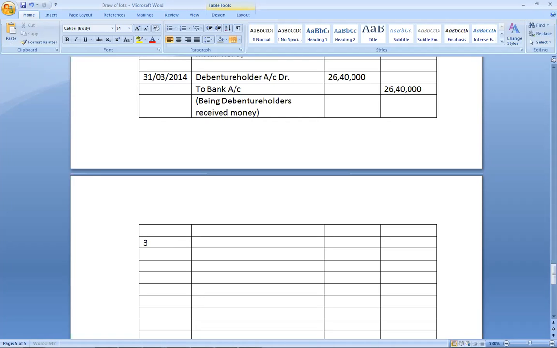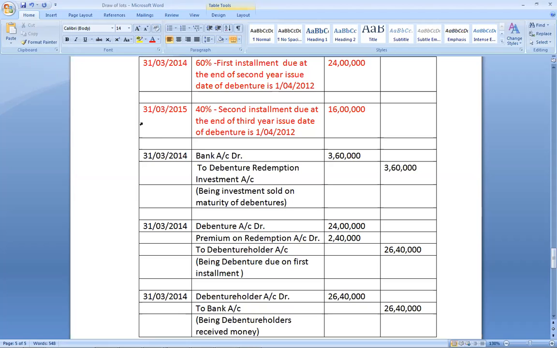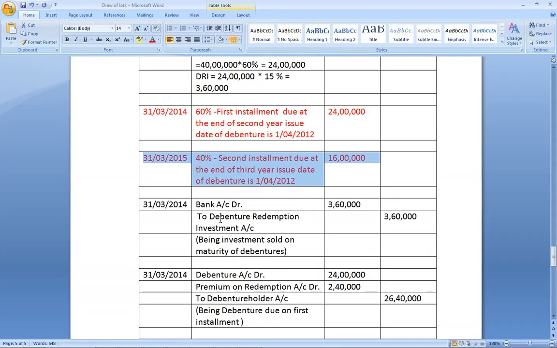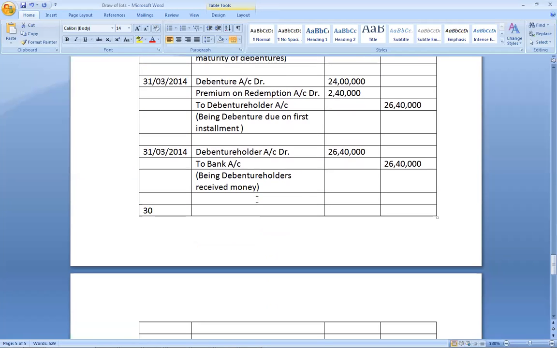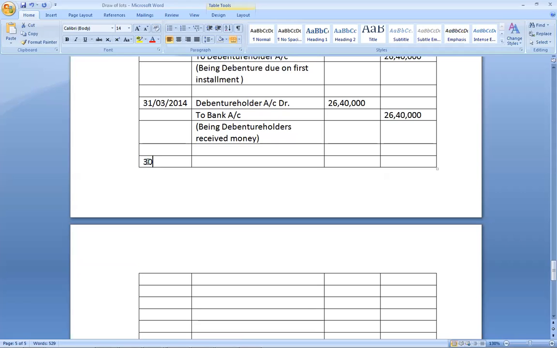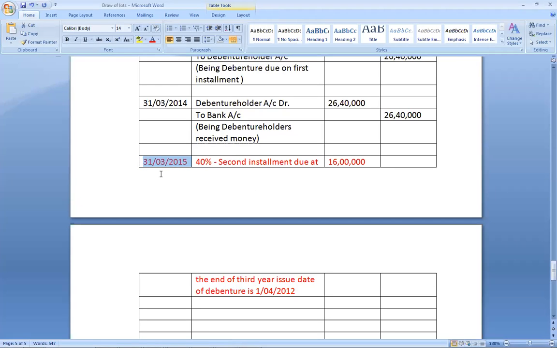Now we will make the investment again because this is due now. I will write here, this is important. After paying the first installment, we will have to pay the 40% second installment due at the end of third year.